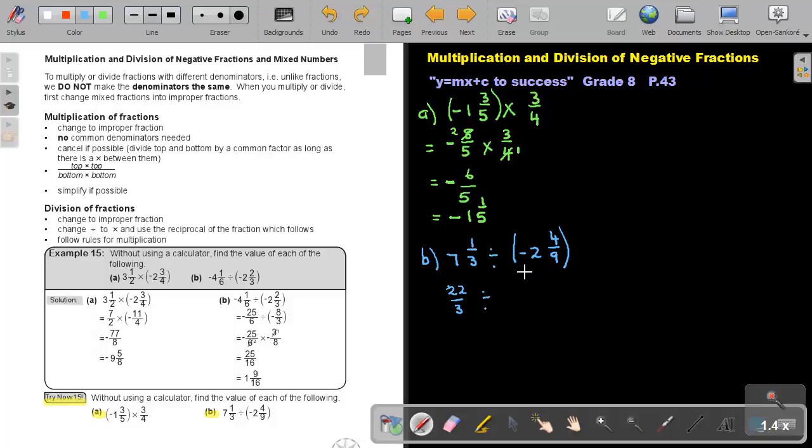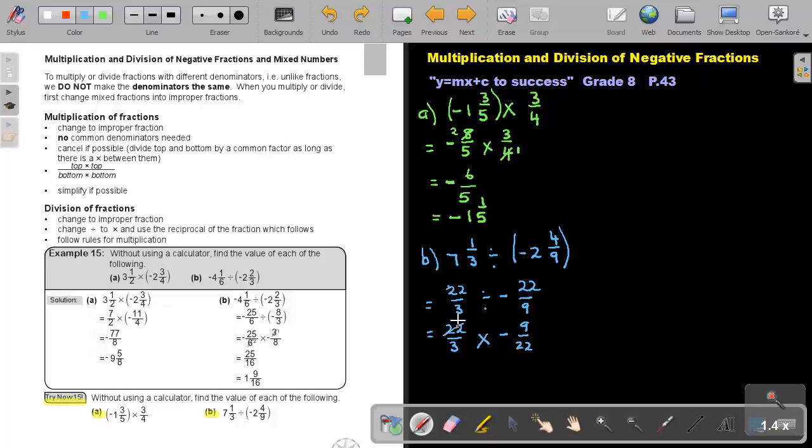Keep it, first divide, keep the negative. 2 times 9 is 18, plus 4 is also 22 over 9. Now, change it into a multiplication sum by taking the reciprocal of the second fraction. So it's 22 over 3. Make it a multiply. Keep your sign.